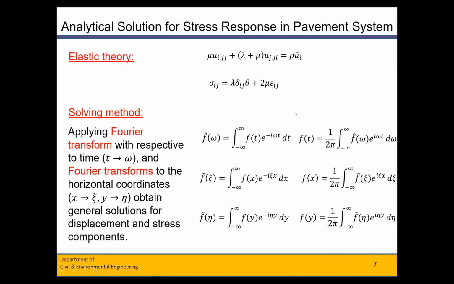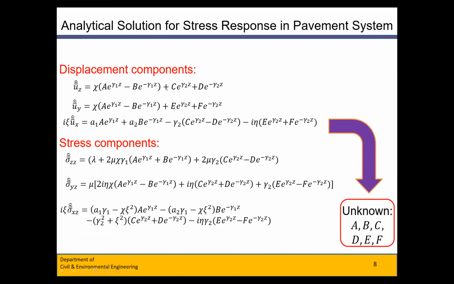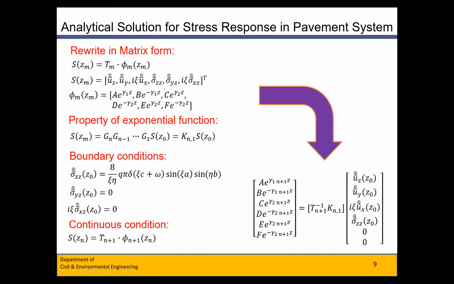Using these relationships, the displacement components and the stress components can be expressed in the Fourier transform domain as follows. There are 6 unknown coefficients, and we rewrite these equations in a matrix form, as shown here. Combined with the boundary conditions and the continuity conditions, all of the unknown coefficients can be solved.